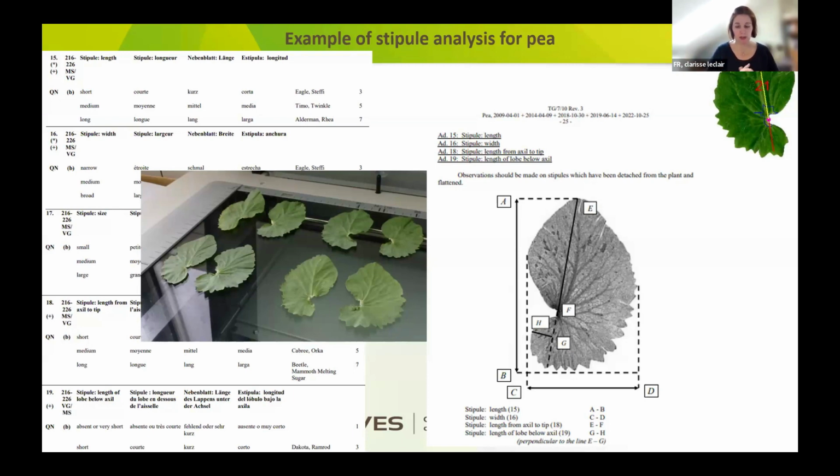And then we process the image with our software. So we get an Excel file with the measurement, and we control the results of the scan with manual measurements of some stipule, but only a part, just to be sure that there is no problem with the automatic measurement. Next slide, please.